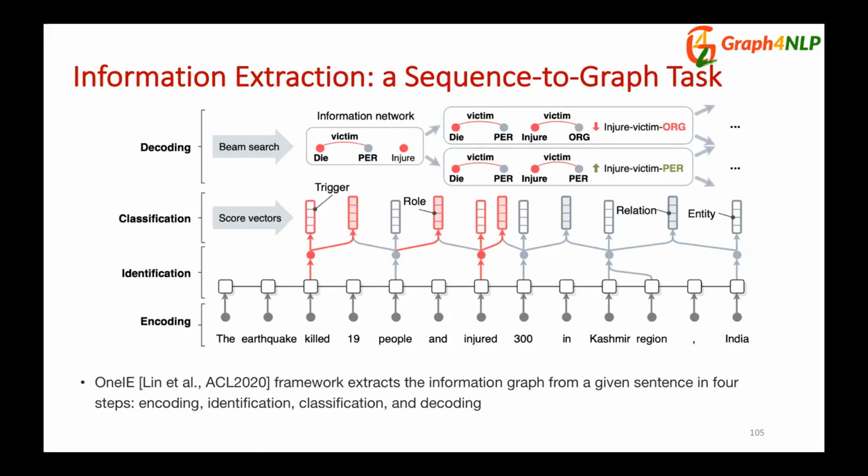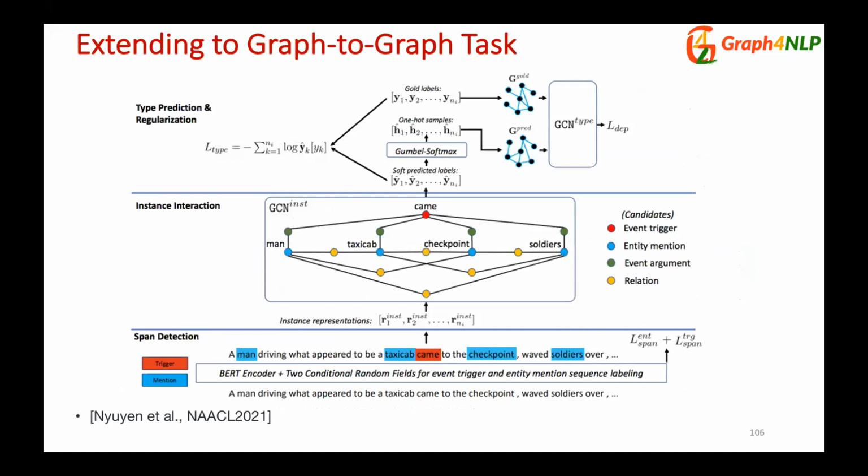And the second is that there are many pre-processing NLP tools available, such as semantic parsing. We should be able to take advantage of them so that we can capture wider local context. So there is some recent work that attempts this idea by converting sequence to graph to graph.